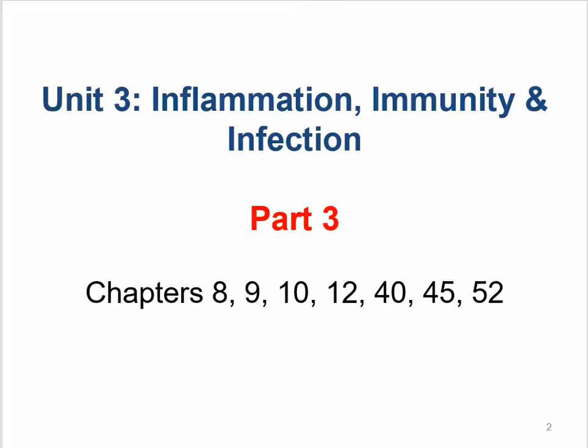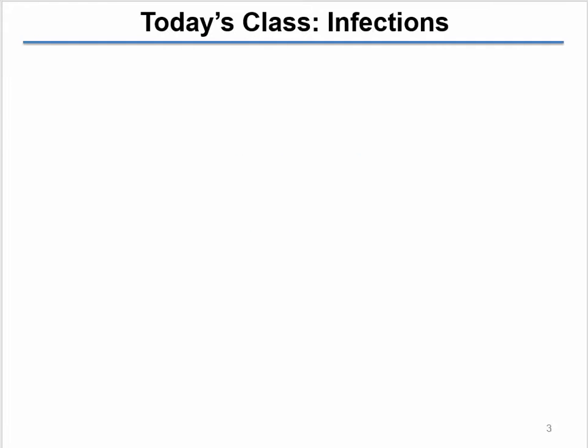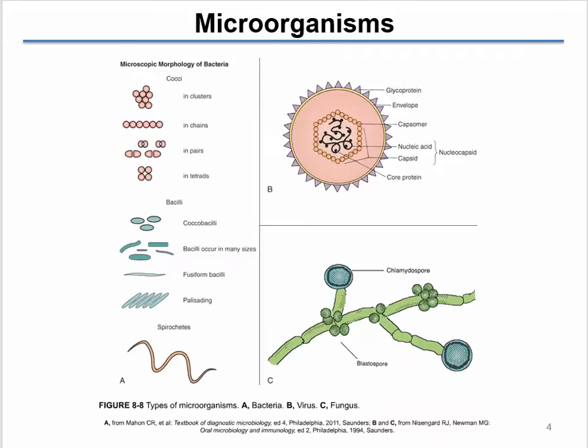So today we're going to be talking in Part 3 about infections. Infections really have to do with invasion by microorganisms. There are a couple of basic classes of microorganisms that cause infections. Three of them are here: bacteria, viruses, fungi.